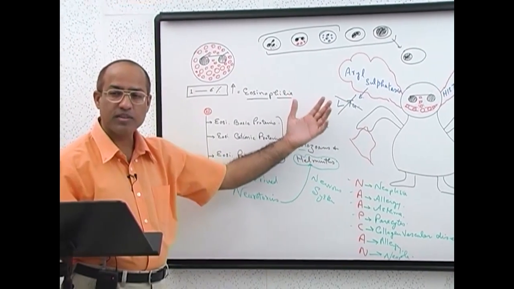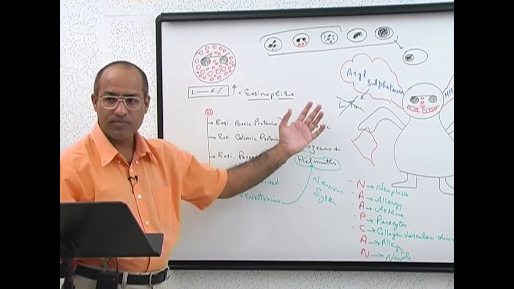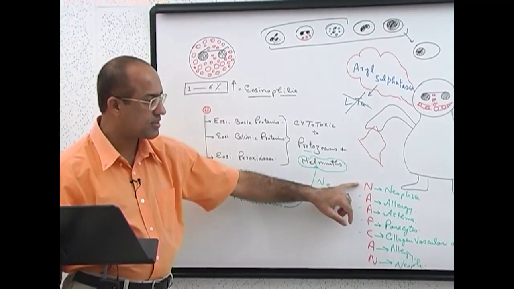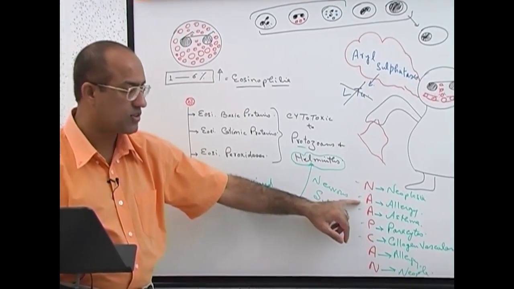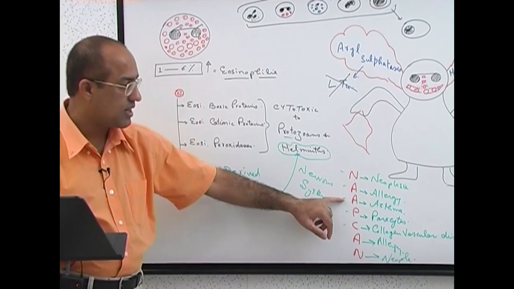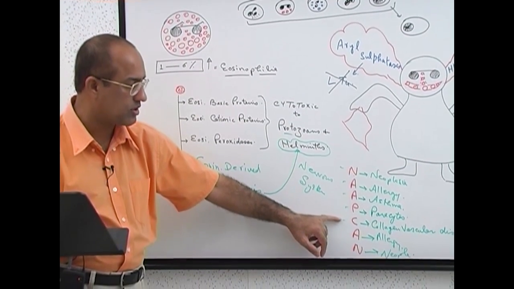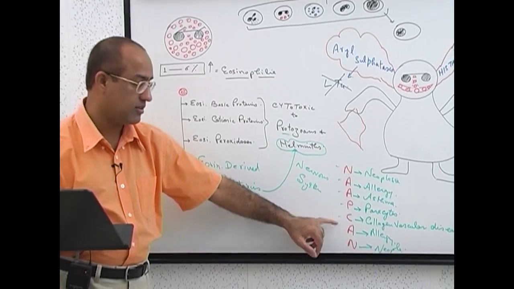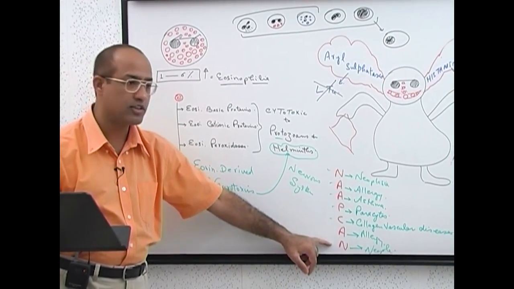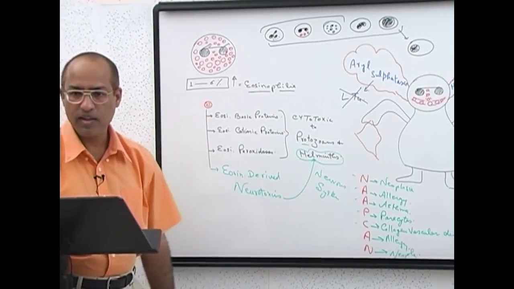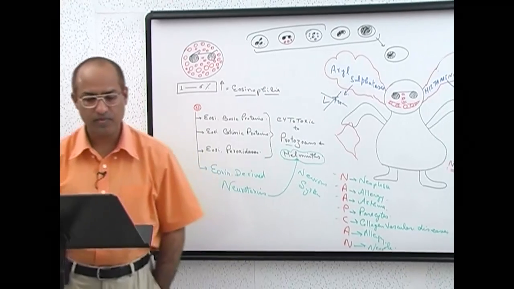Moreover, under what circumstances are eosinophils very high in the blood? Some neoplasias, type 1 allergies, asthma, parasitic infestations, collagen vascular diseases, and just to stress again, allergic and neoplastic conditions. Any question up to there? There is no question.